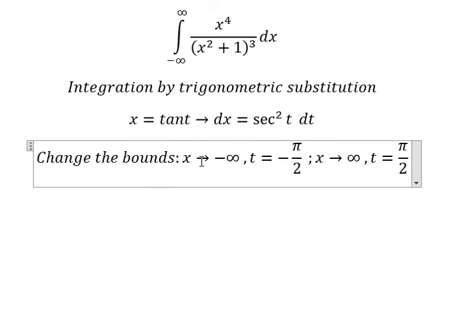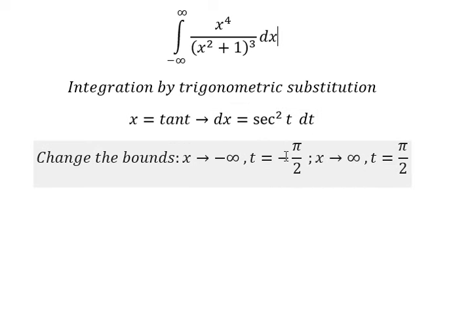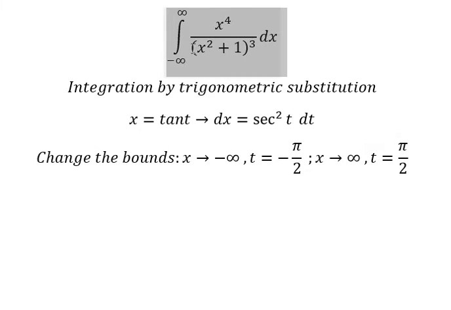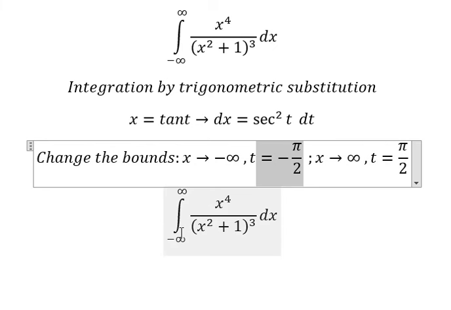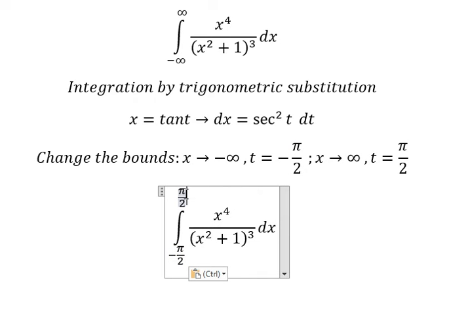This is the formula of tan t. So we have negative b over 2 and positive b over 2. So we put negative b over 2 in here, and this one times t we put in here.